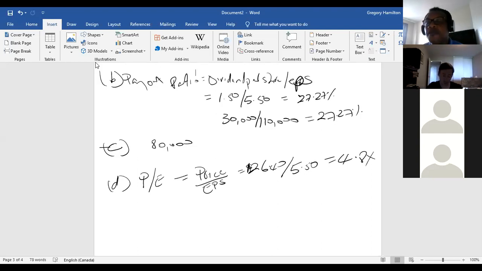Okay, any questions? If you were a company, would you want a relatively lower PE ratio? From a company's perspective, it doesn't really matter. But from an investor's perspective, it tells you how the stock is trading given its current price.